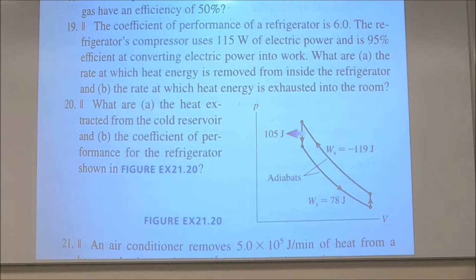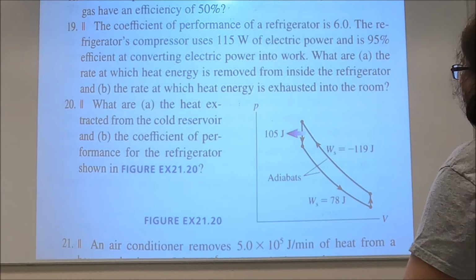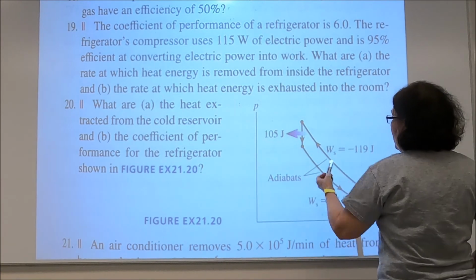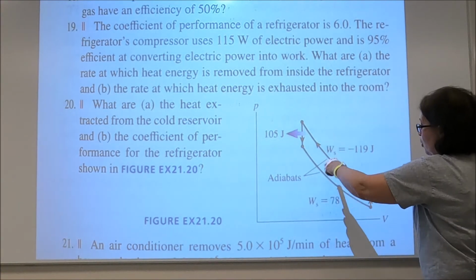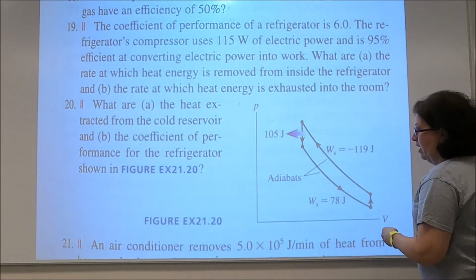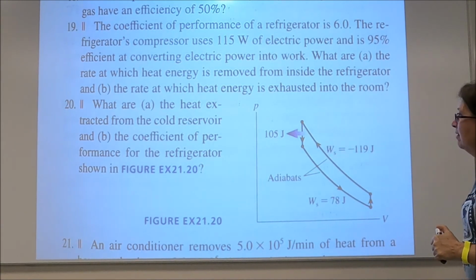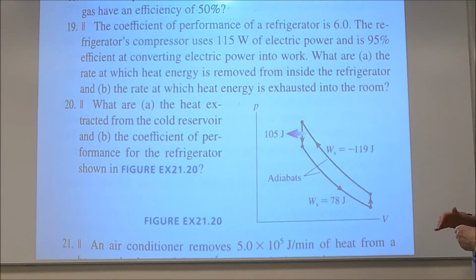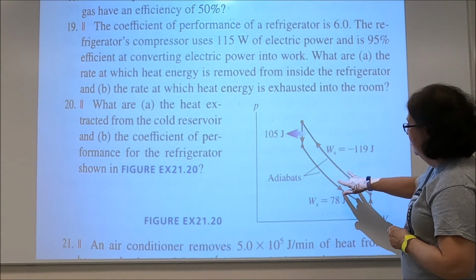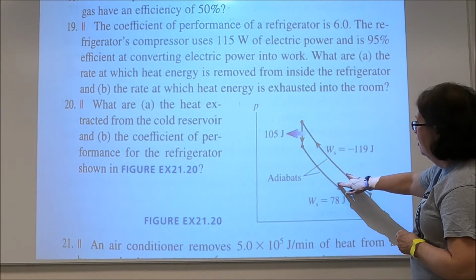So if you looked at 20 there, and it asks you what is the heat extracted from the cold reservoir and the coefficient of performance, okay? Again, this is heat being evacuated. And we got two adiabatic processes. We could go through that whole chart again. Okay? In adiabatic processes, only work is being done, no heat.